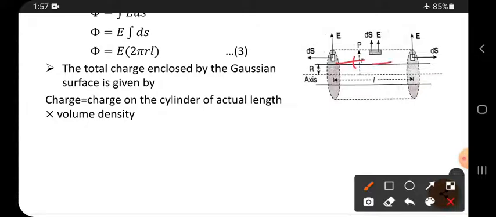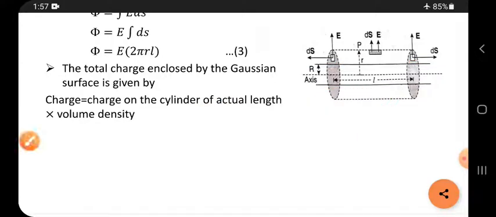Charge is present only on the actual cylinder, not on the Gaussian surface. So that is why it is charge on the cylinder of the actual length. So the actual length, how much is it? Here it is smaller, into volume density. Volume density we know is rho.